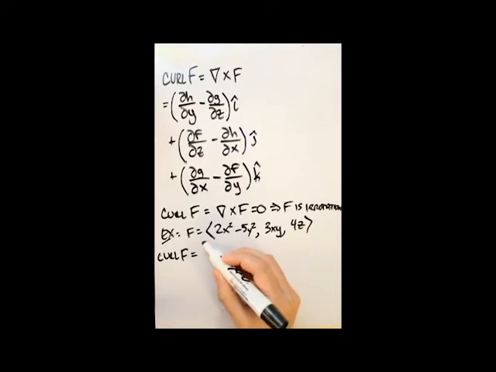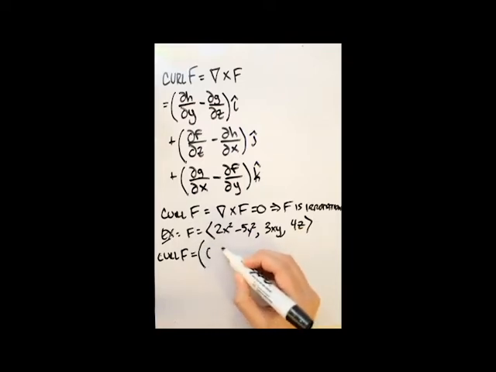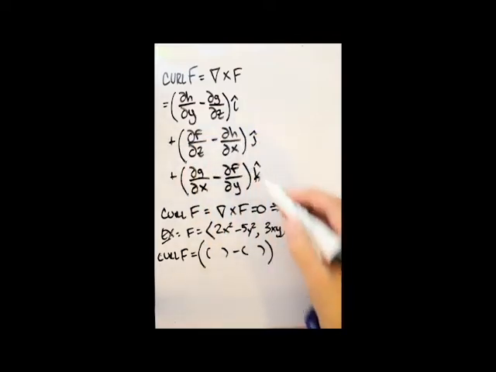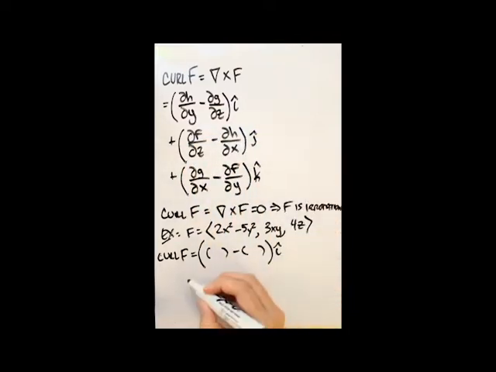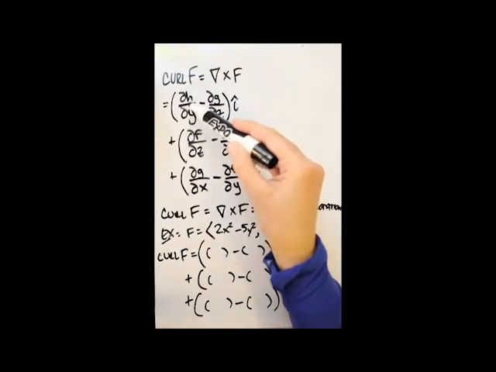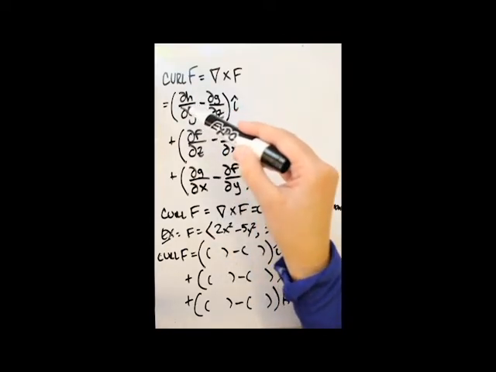So let's jump right into this form. I'm going to set up the form. We have subtraction, and then we are going to be adding up each of these components. So this is the i component plus this difference for our j component, and plus this difference for the k component. Okay, first of all, I want the partial derivative of h with respect to y.